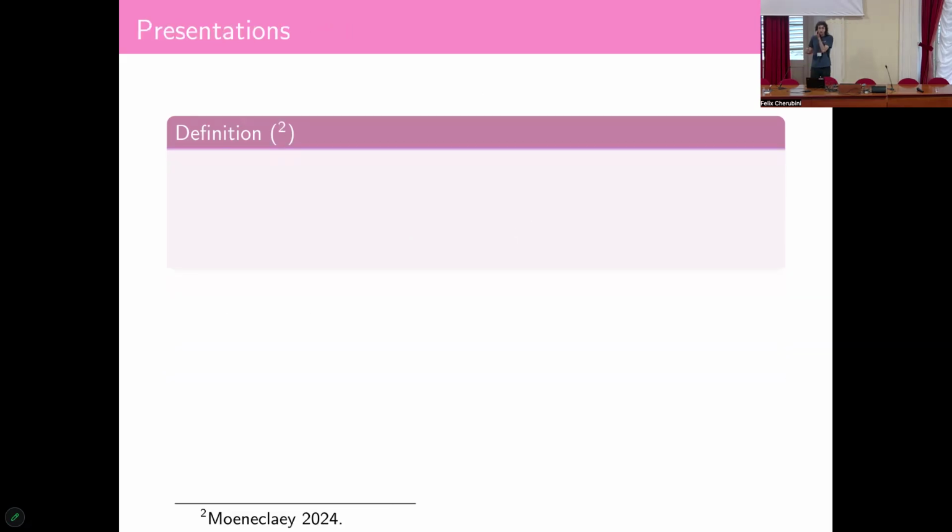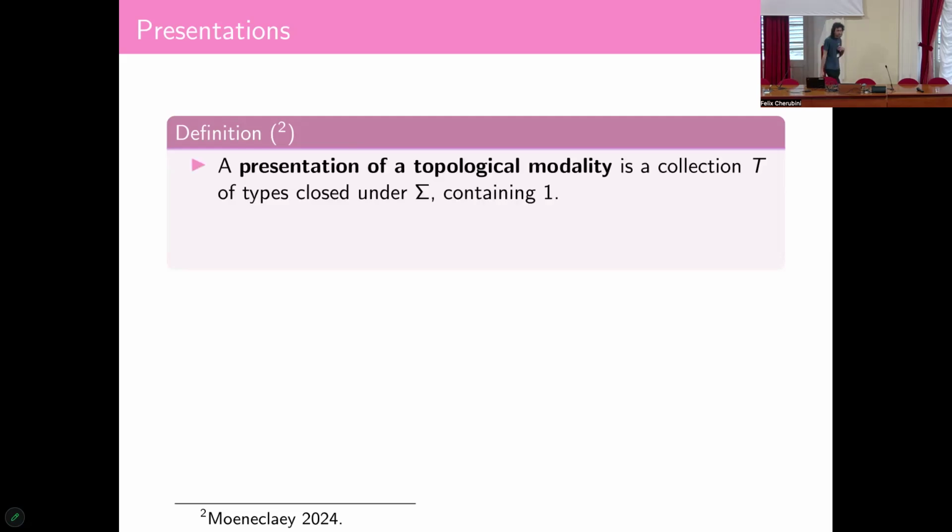Okay, so now I'm going to define a slightly more general notion, and it's not a lot of stuff. Actually, Ugo defined this notion, I'm just stealing it. The point is that we would like to have a more sheaf theoretic notion of generators for our modalities. For this, it's very simple when you try to figure out what this should be. You should just take any collection of types, pretty much.